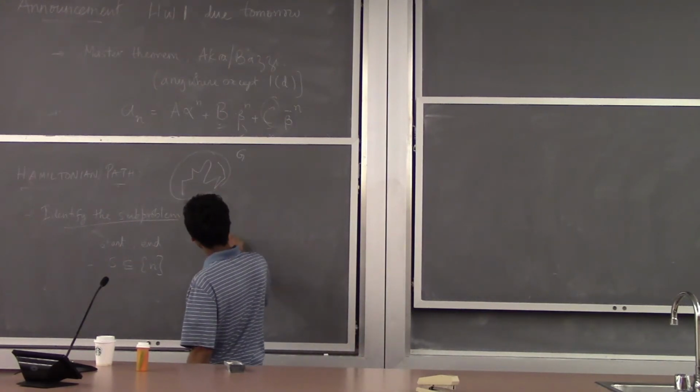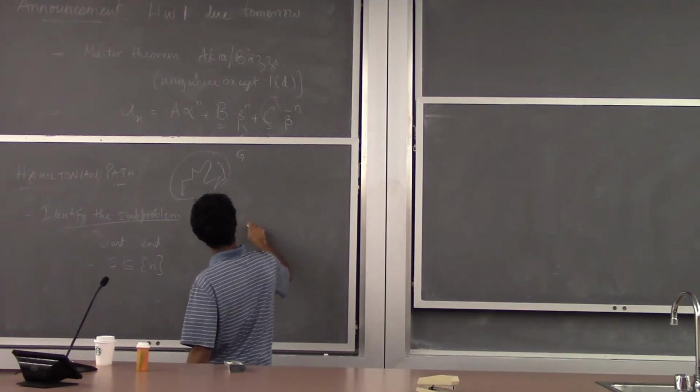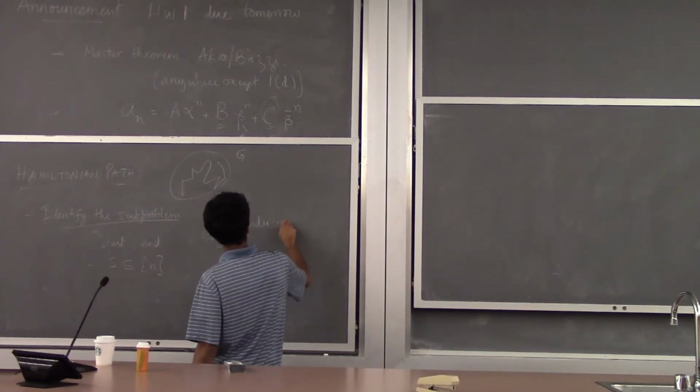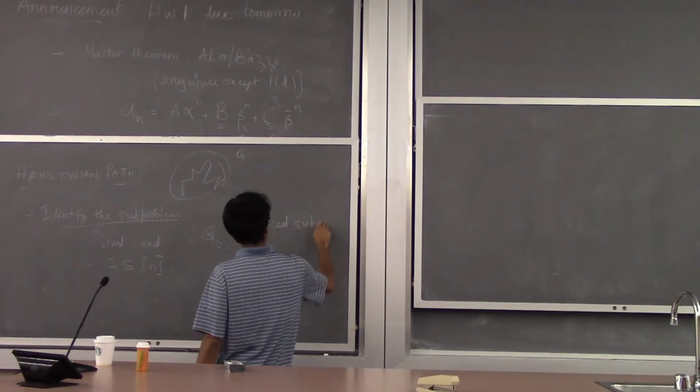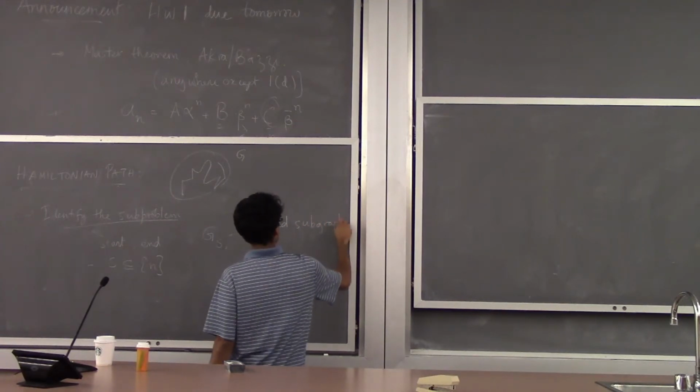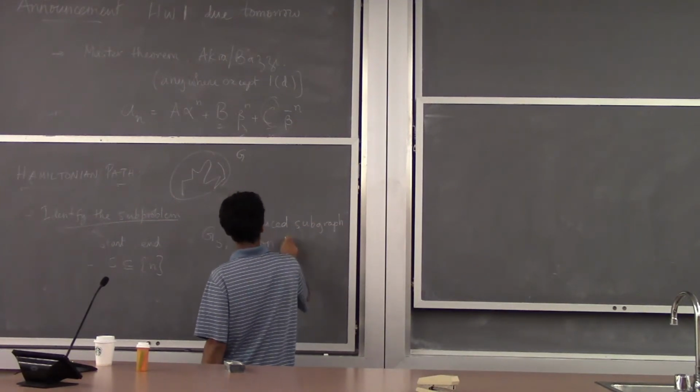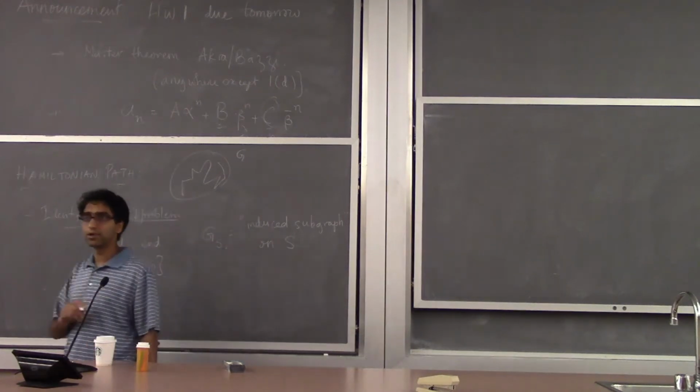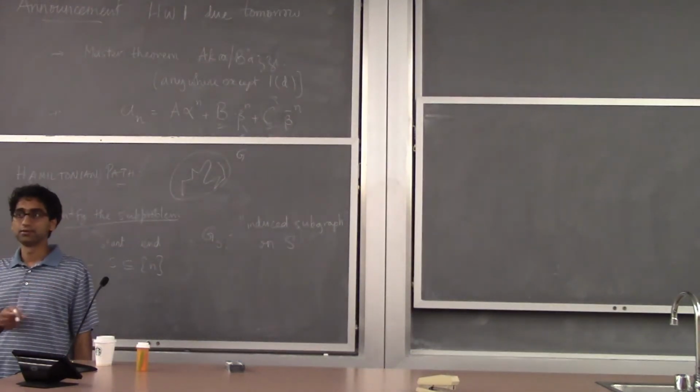So G sub S is called the induced subgraph on S.